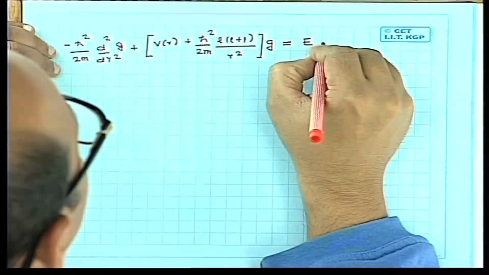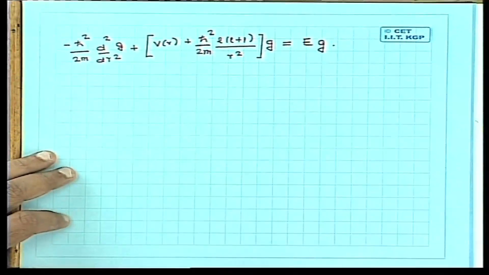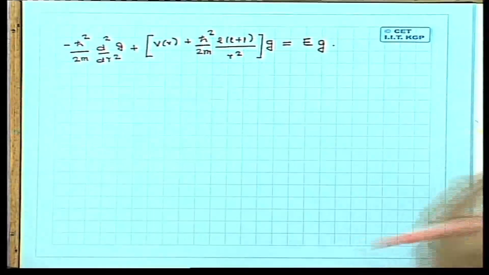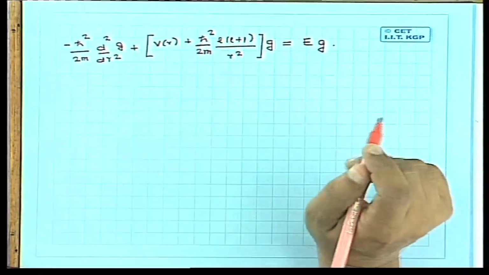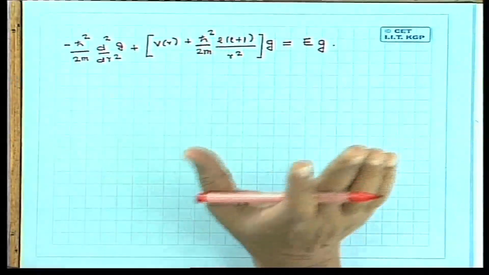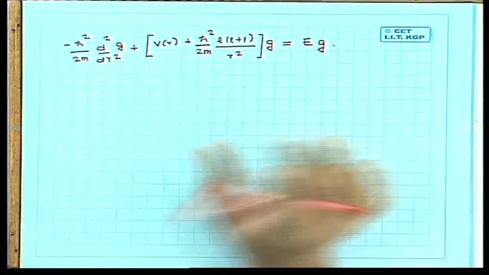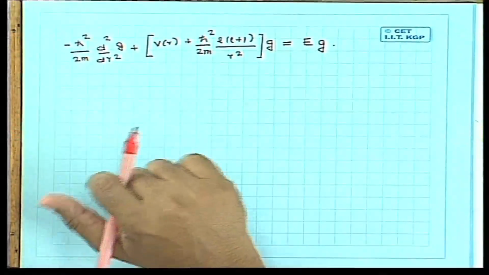Now let us look at this equation a little carefully and try to understand what we have obtained. We had set out to solve a 3-dimensional problem. We solved the angular part separately, so it reduced to a single equation for the radial part of the wave function.